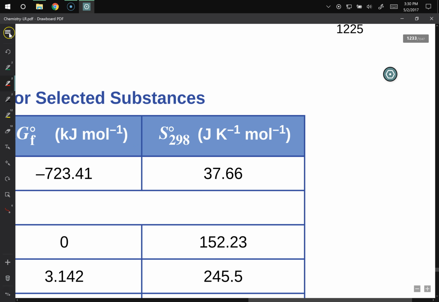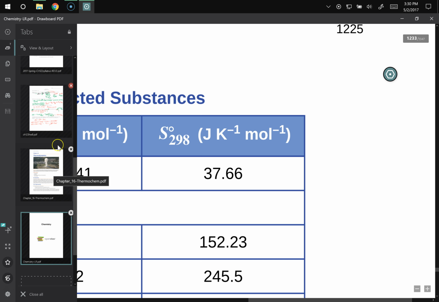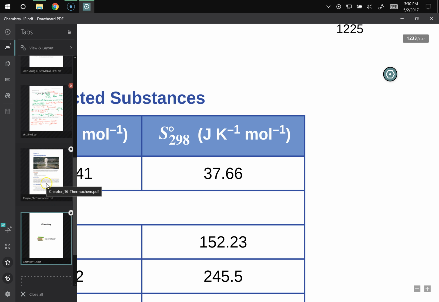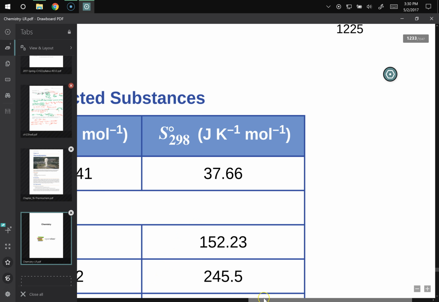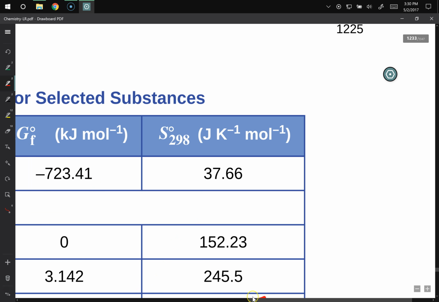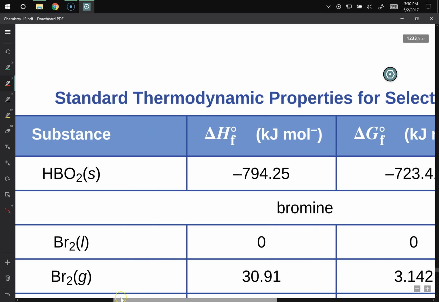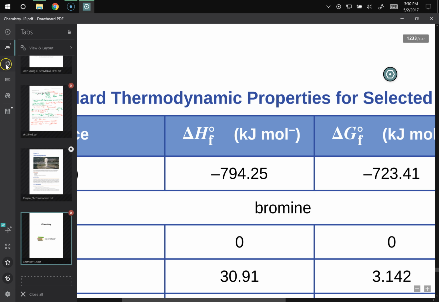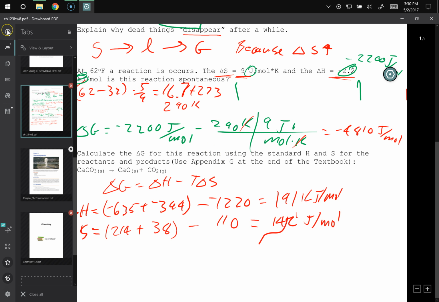Over on the H, there's an F, and I assume that meant Fahrenheit. Formation. It means something else. There's no temperature unit associated with enthalpy. It's just kilojoule, or it's just energy in moles.